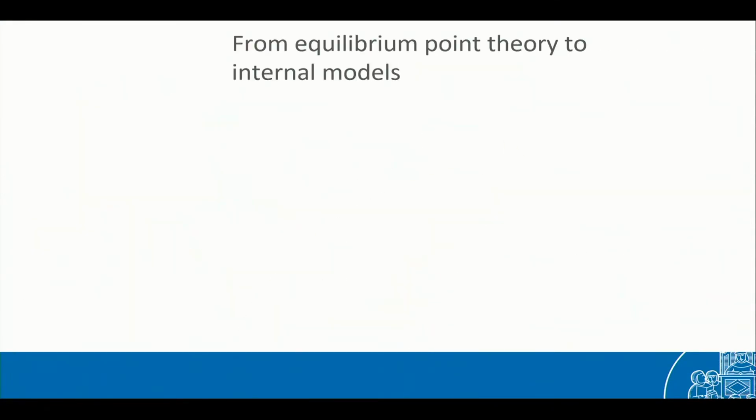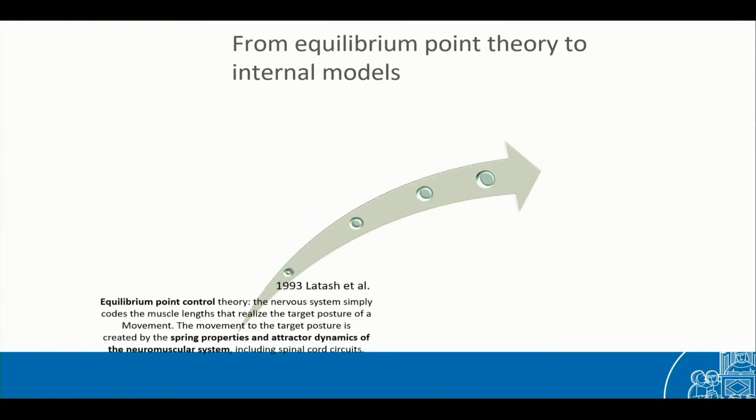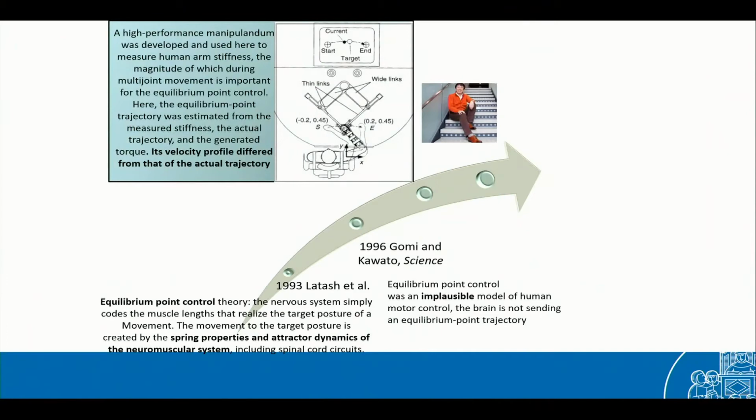If we try to make a history of this, the equilibrium point theory was proposed by Feldman in 1993, and as I said, it says that it was the spring property of the muscle that allowed to reach a point or to keep a fixed position. But in 1996, Gomi and Kawato, with this paper, demonstrated that this theory was implausible.